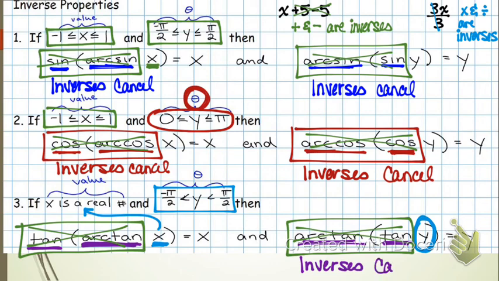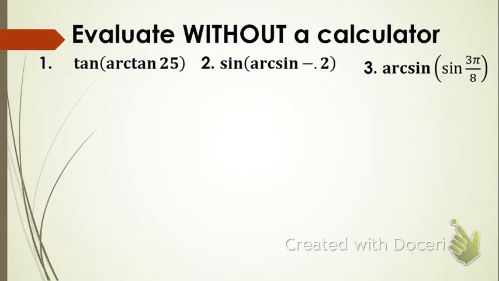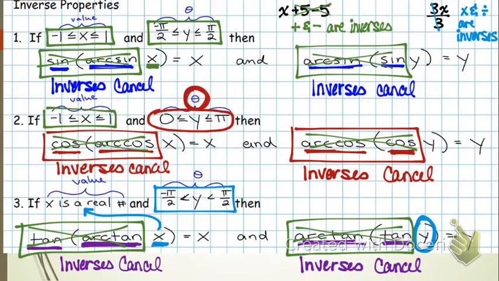Let me write this down. Okay, first 3 examples. Did we have any restrictions on arctan? Let me go back and look.